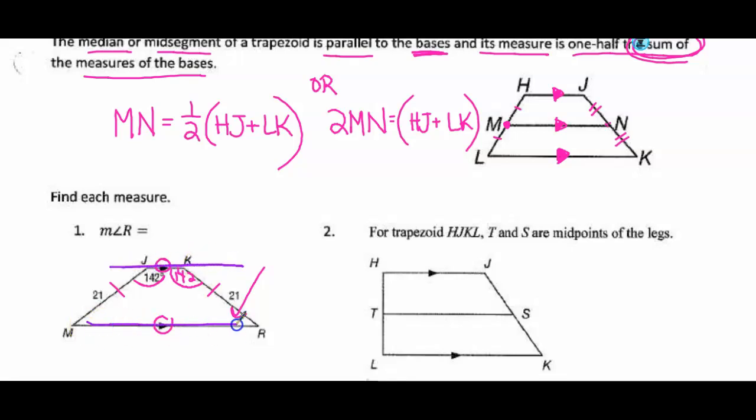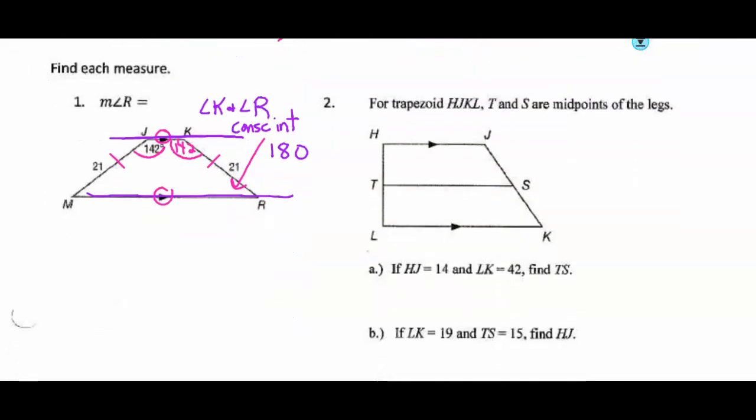And parallel lines, angle K and angle R would be consecutive interior, which means that they're supplementary, which means they equal 180 degrees. So to find angle R, we would take 180 minus 142, and we would get the measure of angle R is 38.